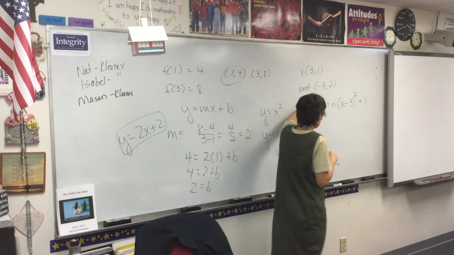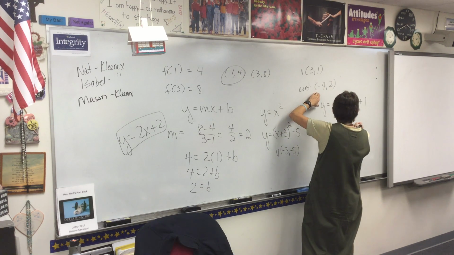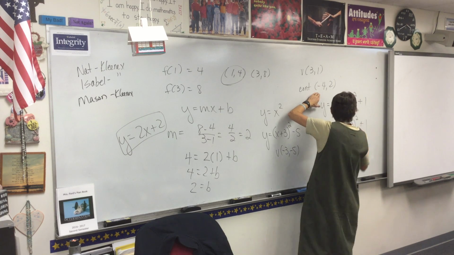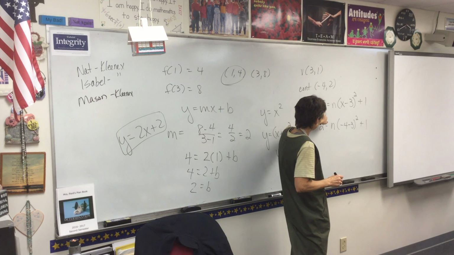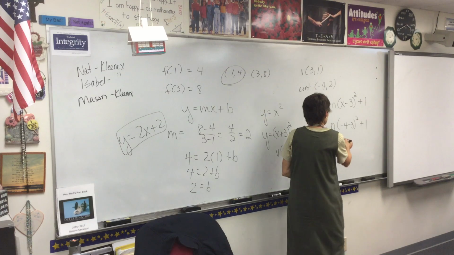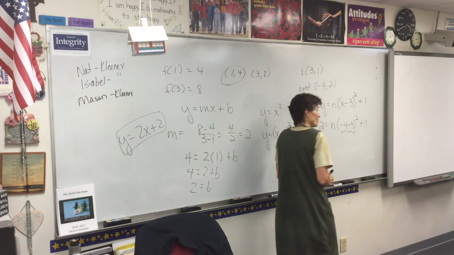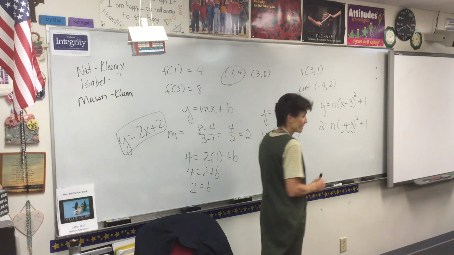Plug it in. So 2, negative 4 minus 3, plus 1. So we're going to take this point, plug it in for y and x. Make sure you're putting y in for y, x in for x. Start with the parentheses. So the parentheses are negative 7 squared, 49.